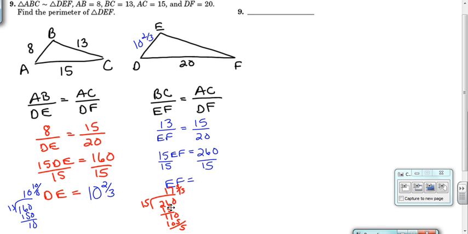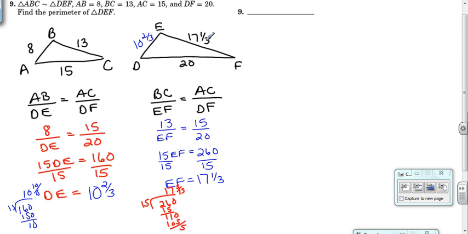So 15 goes into 260 17 times with 5 left over. So then 5/15 is going to reduce down to 1/3. So I end up with 17 1/3.